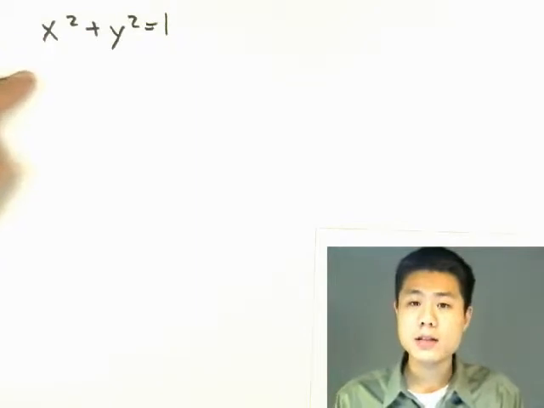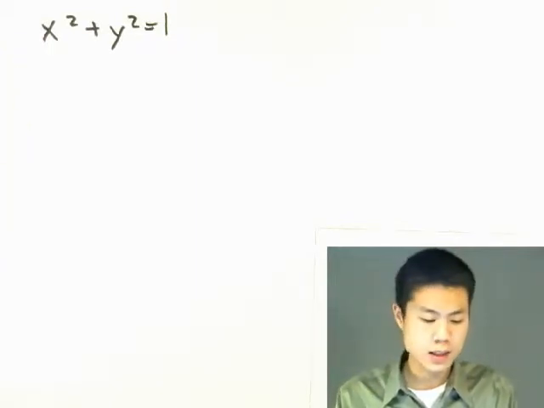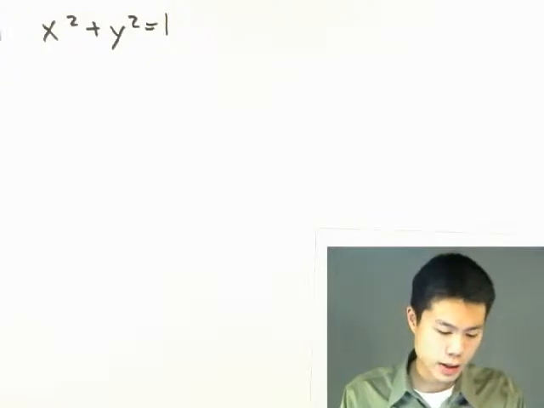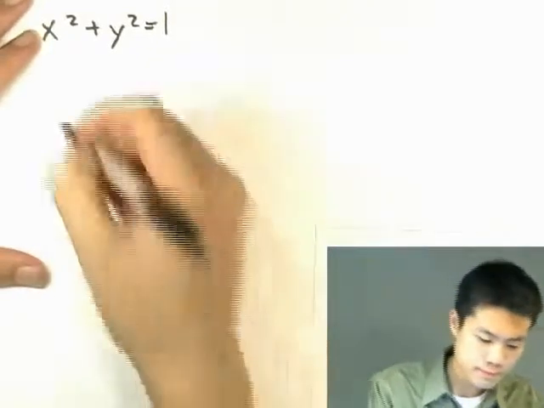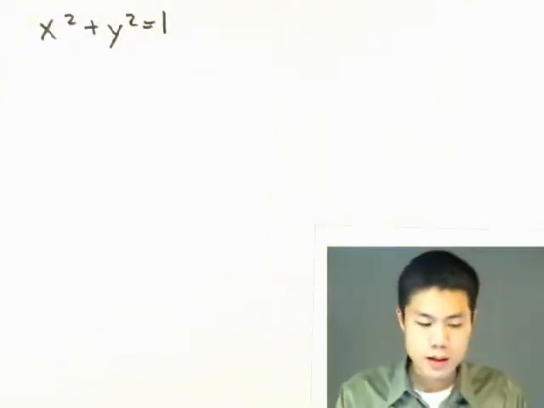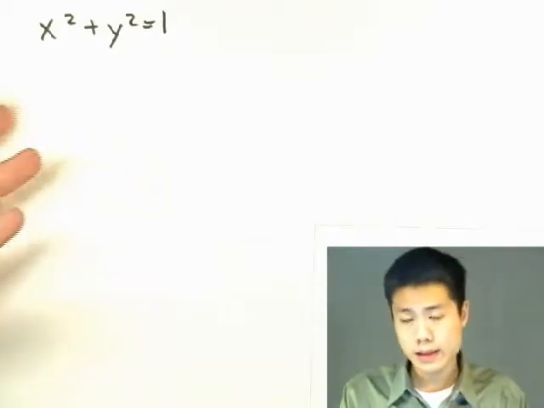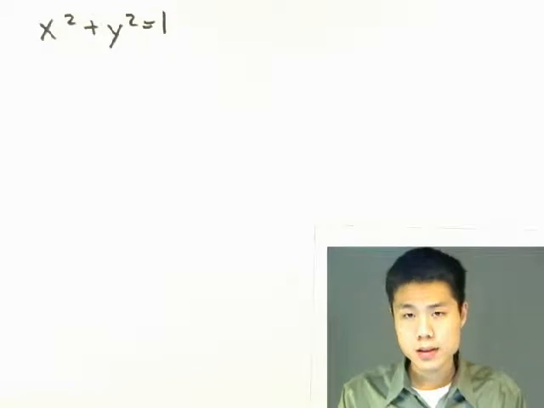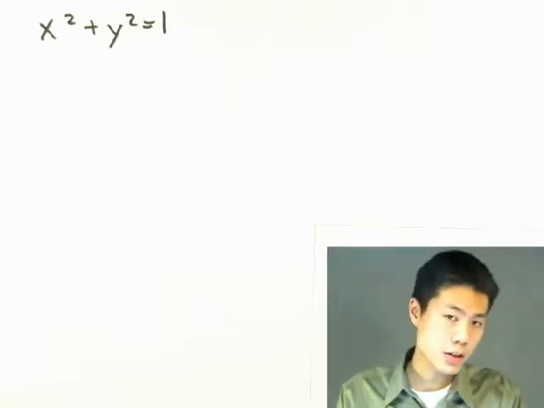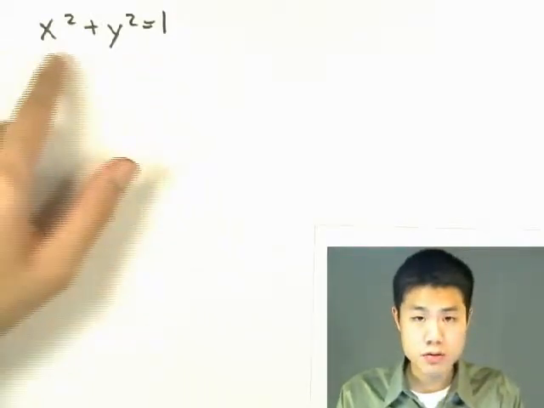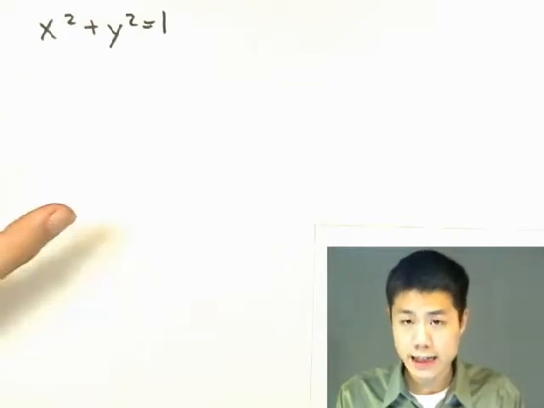Here's the graph of a circle with radius 1, the unit circle, so it's x squared plus y squared equals 1. I want to find the slope at every point in this graph. Slope equals differentiation, so I'm going to take the derivatives of both sides of this equation.